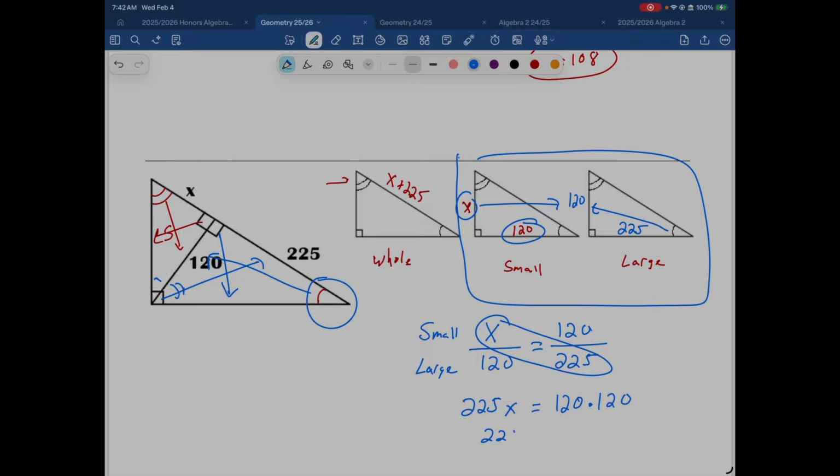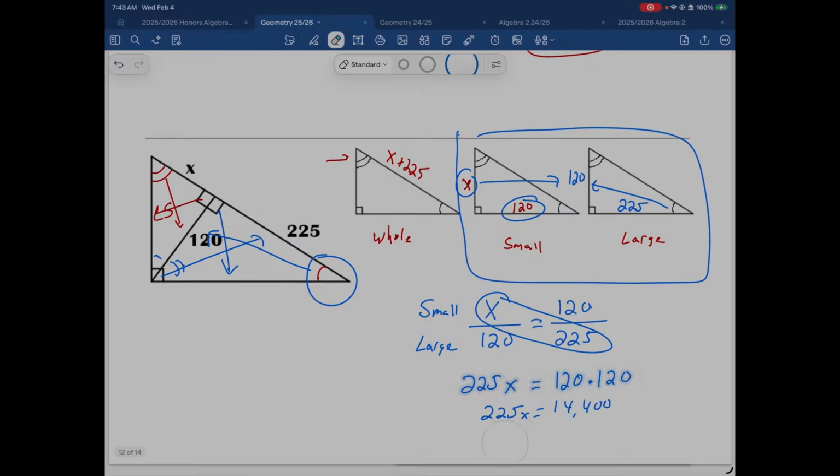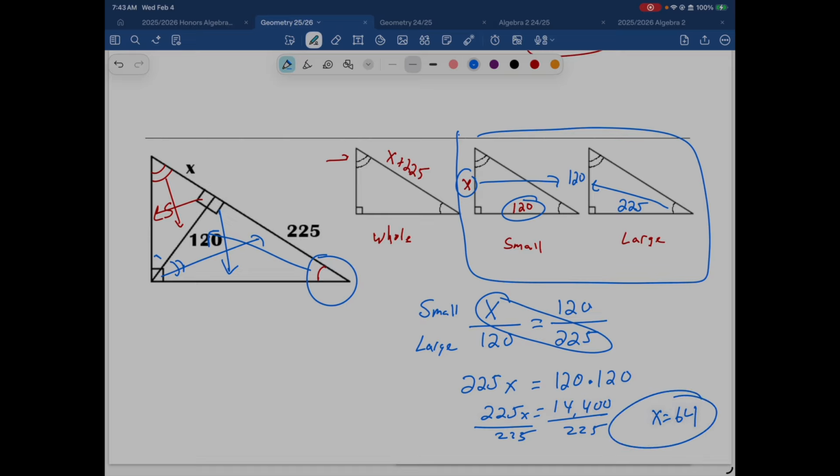So we get 225x is equal to 14,400. Divide by 225. We get x is equal to 64. And that's our solution for this one.